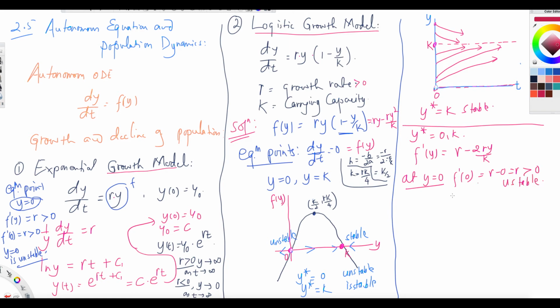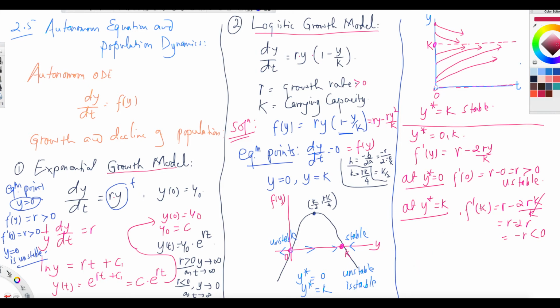You see that? And at y equals k, or y star equals k, you get f prime of k equals r minus 2rk over k. So k and k cancel out, so r minus 2r, right? So that is basically negative r, which is less than 0.